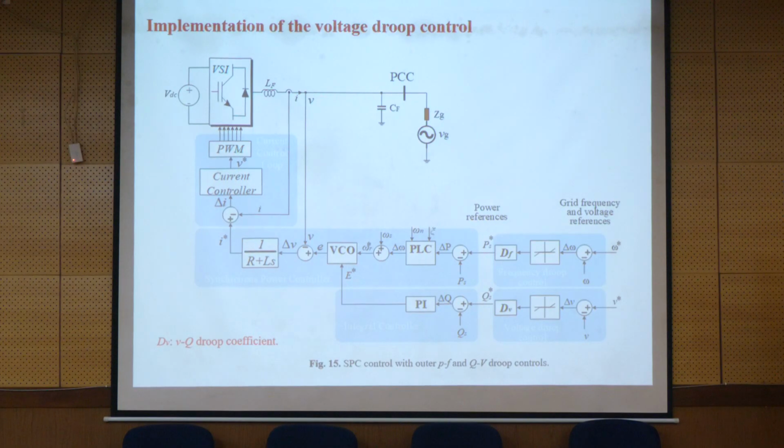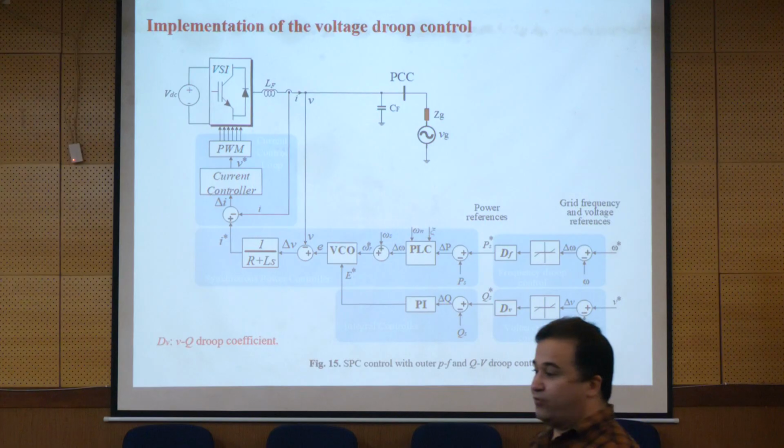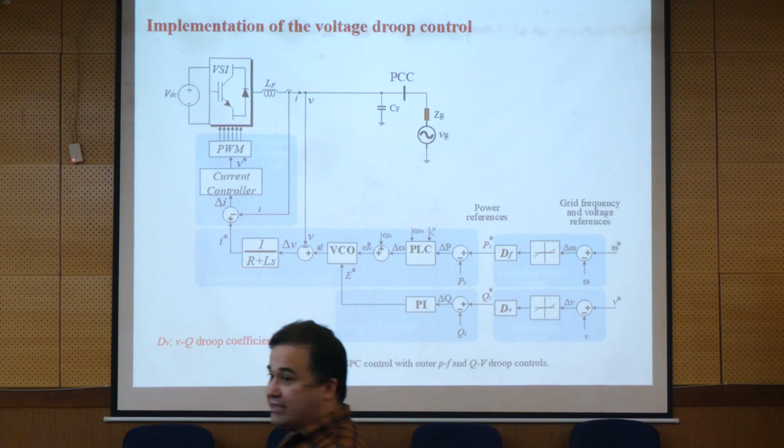Okay. So why do we need this one? Look, by this we can provide active and reactive power for the grid, okay? But we cannot provide something like inertia and provide the stability of the grid. And the problem of the first model is that when we increase this type of controller or this type of control-based generator, in fact we provide more problems for the grid, and the grid becomes more unstable.